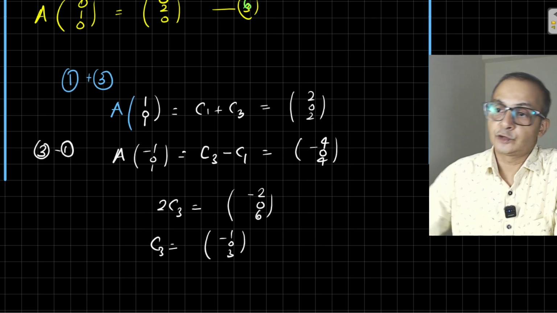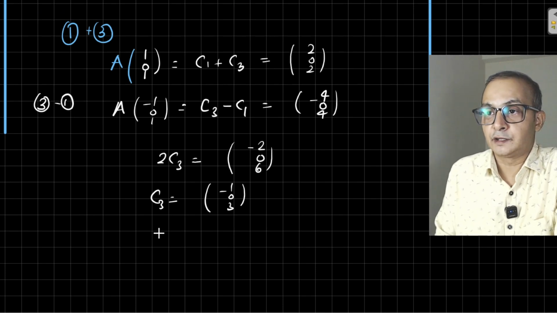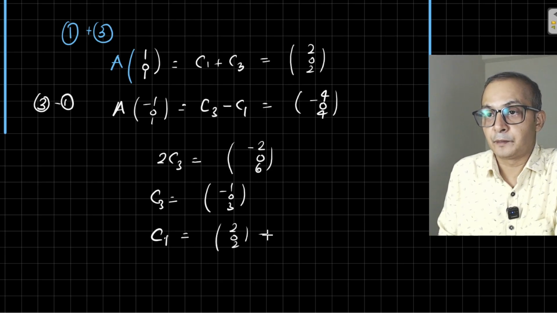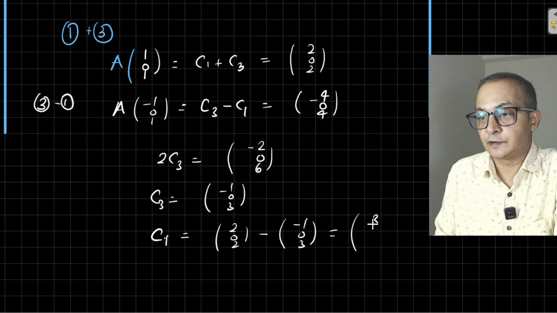It means the C3 I'm getting is (−1, 0, 3). And to find C1, of course, I can substitute here the C3 value. So C1 is going to be (2, 0, 2) minus C3. C3 is already found, so minus (−1, 0, 3). And we simplify, that will give you (3, 0, −1).